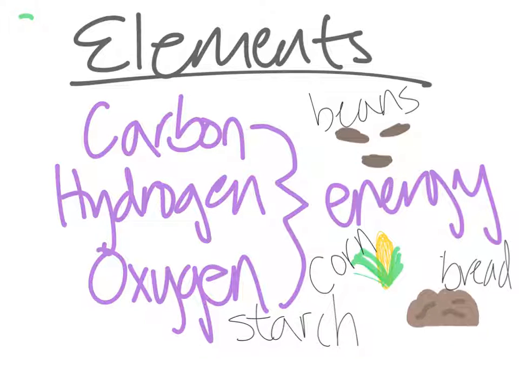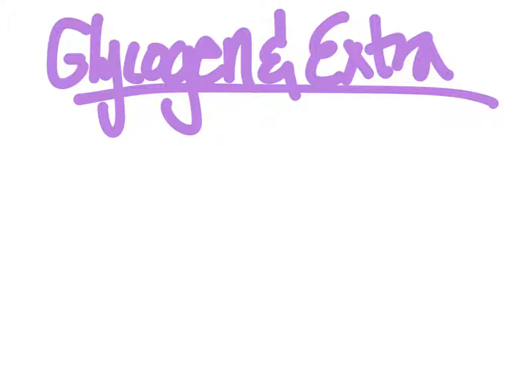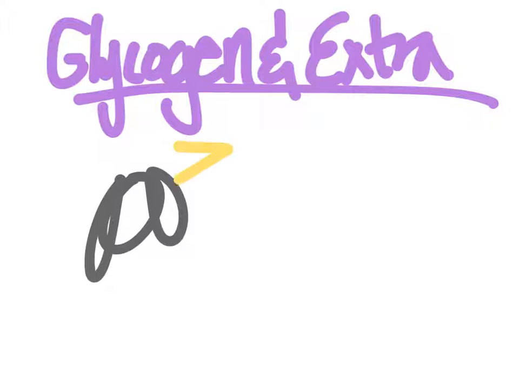The usual result from starch is a polysaccharide named glycogen. Glycogen helps animals with their short-term energy, and it is found in their liver and in their muscles.